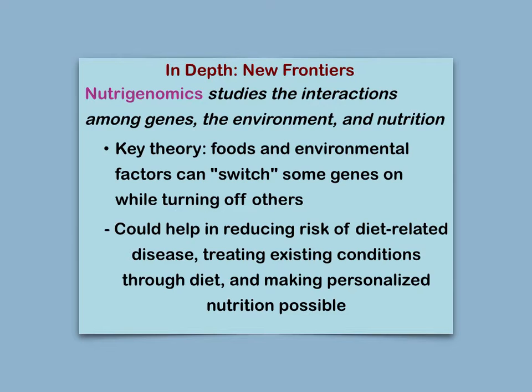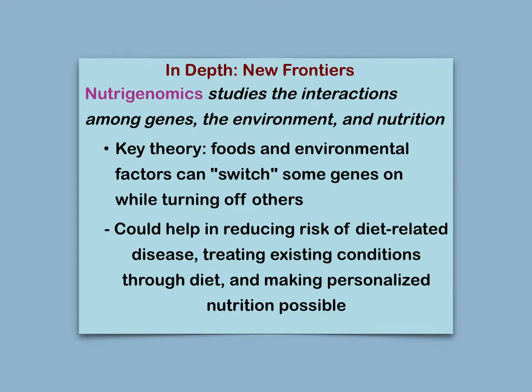Can they be turned on by the food we eat or turned off by the food we eat? Absolutely. There are actually a lot of data on that. It gets more interesting. They could help in reducing risk of diet-related disease, treating existing conditions through diet, and making personalized nutrition possible.